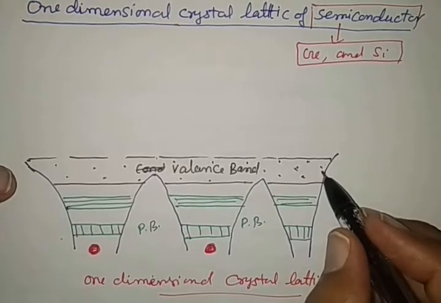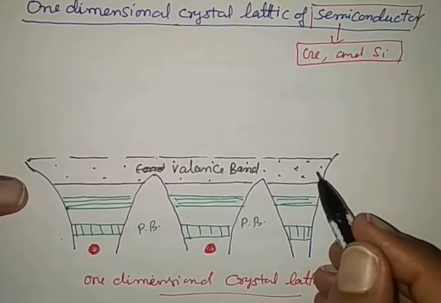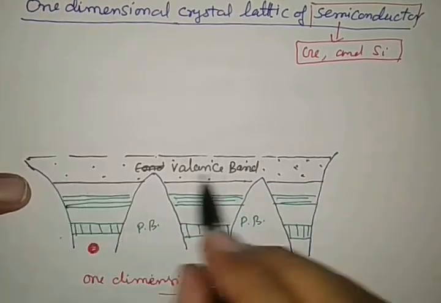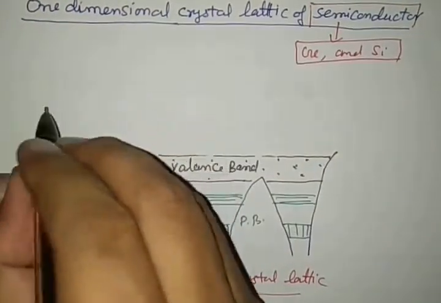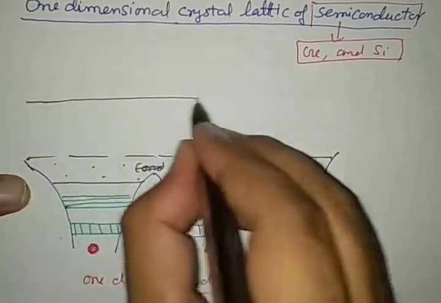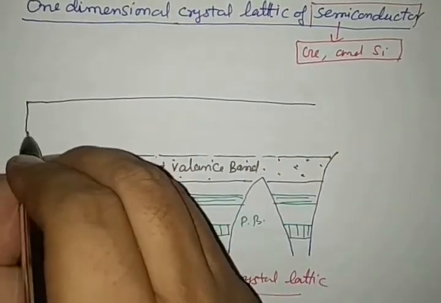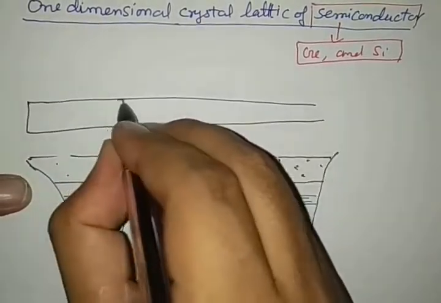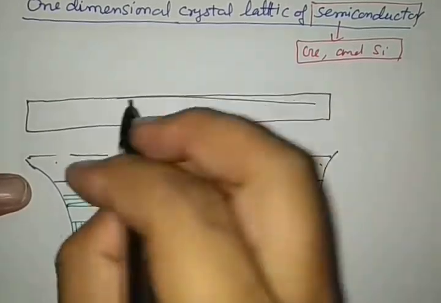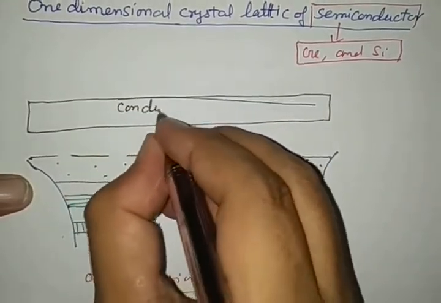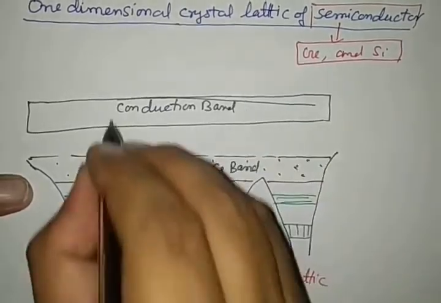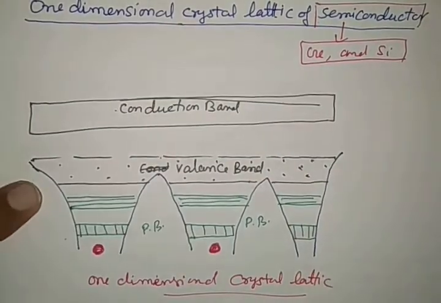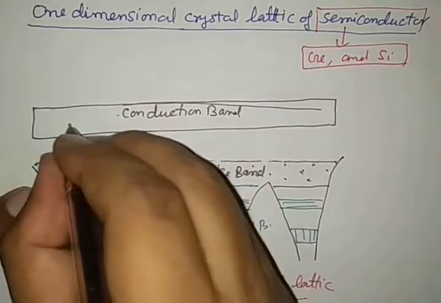Conduction of current in a semiconductor is not by this valence electron. Above that, one more band is formed, called the conduction band, right?